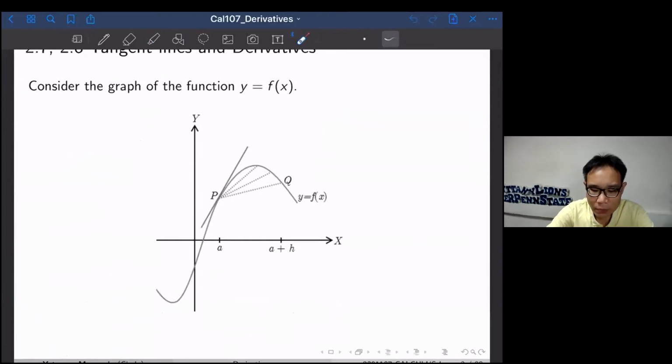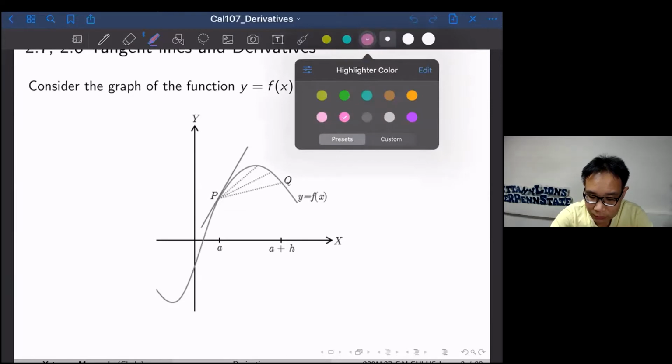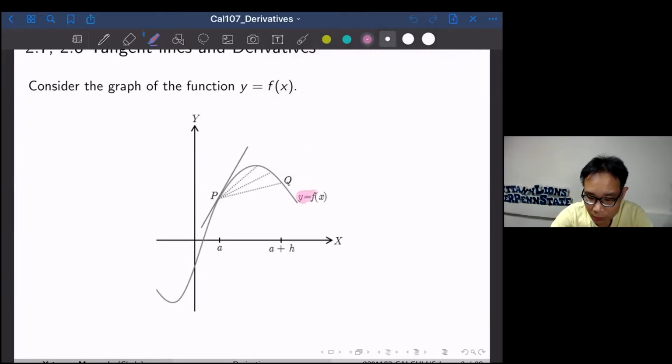The tangent line problem asks you to find the tangent line. You have the curve y equal to f(x), and the problem is to find the tangent line to the curve at the point P. So you would like to find the equation of this line.